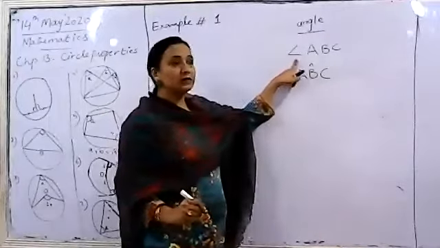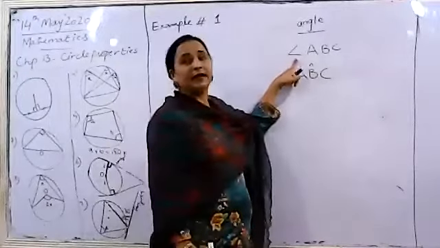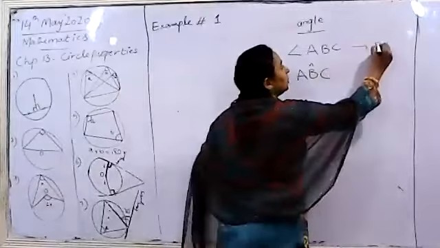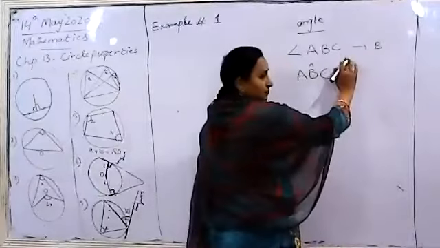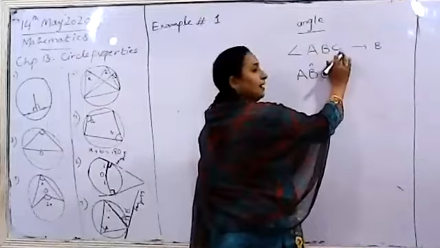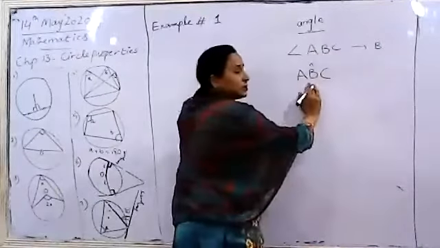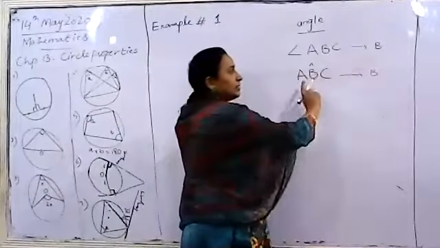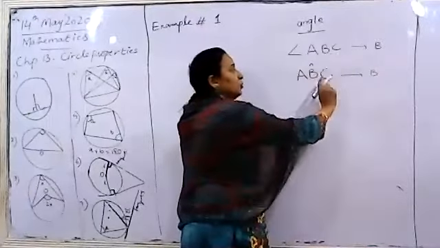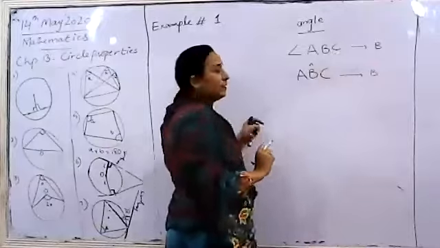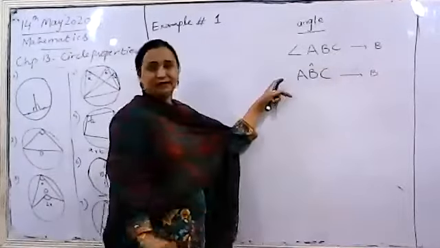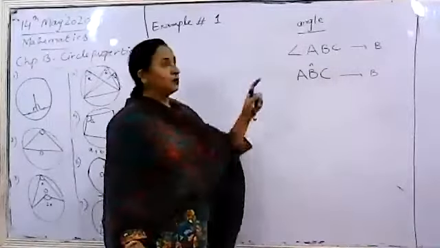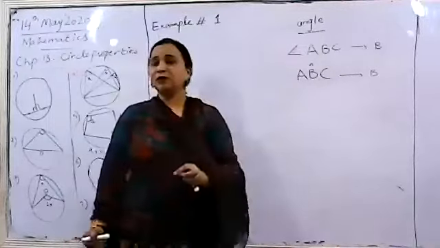It means you have to find an angle made at B, subtended by A and C. It is also the angle made at the point B, and the outside points are A and C. Both of these represent the same thing, only the style of writing is different. I hope this will not confuse you while you are doing your work.